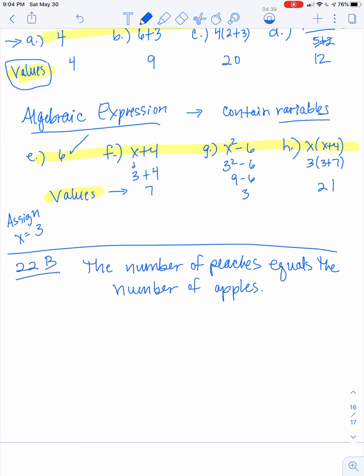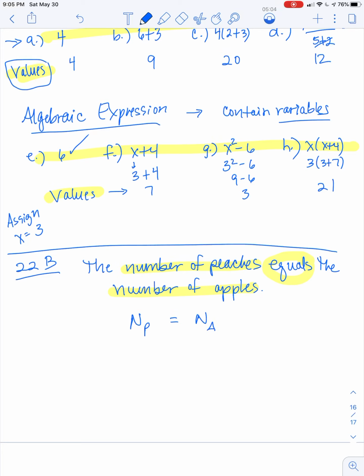Okay, how would I write that? I would look at this as we have number of peaches, number of apples, and then this equals here. We could make a sentence out of that, which we would call a statement or an equation. So we could write the number of peaches equals the number of apples.